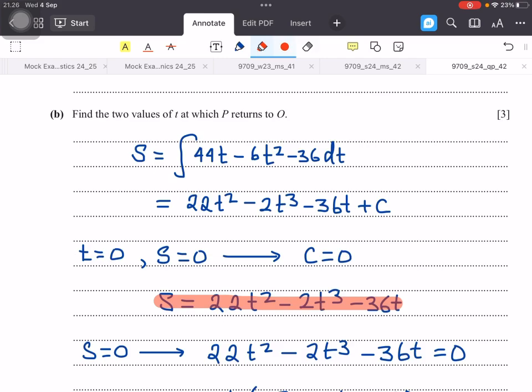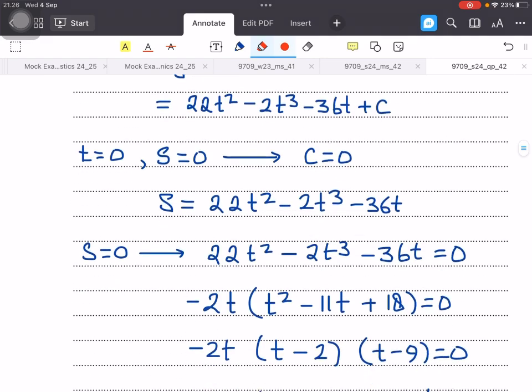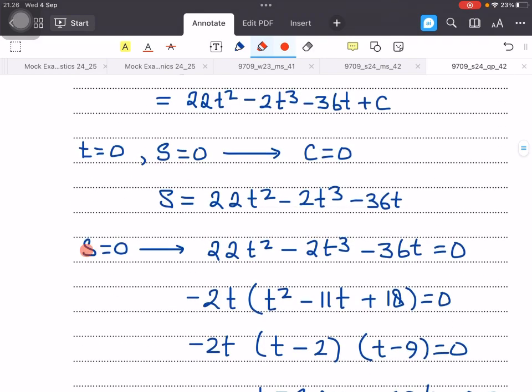So s has the formula 22t squared minus 2t cubed minus 36t. And then the time when P returns to O means that s is equal to 0. So 22t squared minus 2t cubed minus 36t is equal to 0.